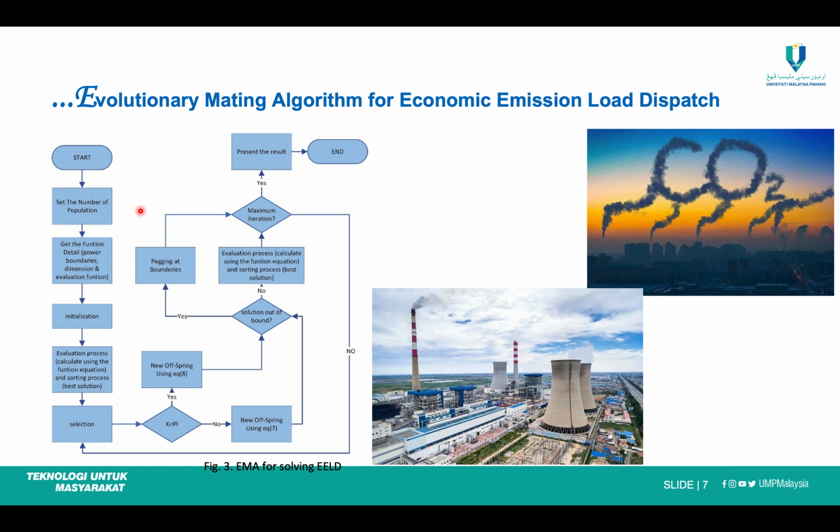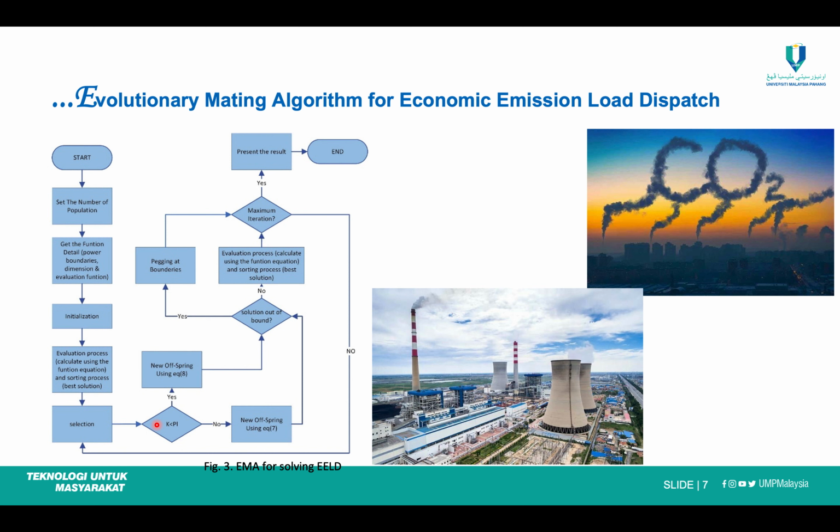Okay, we start with the number of population, get the function details and dimension, start from the initialization, as well as calculating the initial function evaluations, and then we use the selection. And then there are two parameters in the EMA. You can refer to the original paper of EMA that we published in Neural Computing and Applications. That is CR and K, if I'm not mistaken.